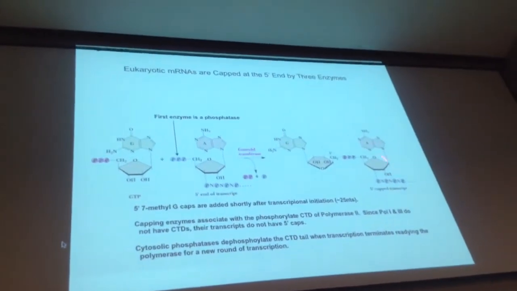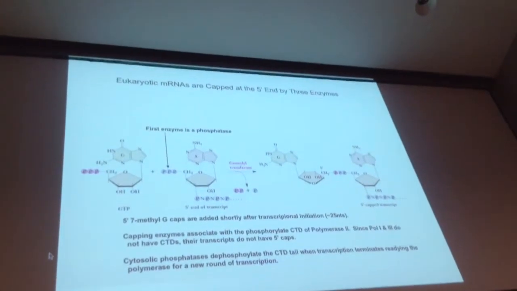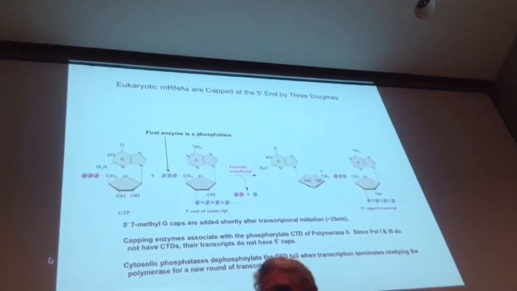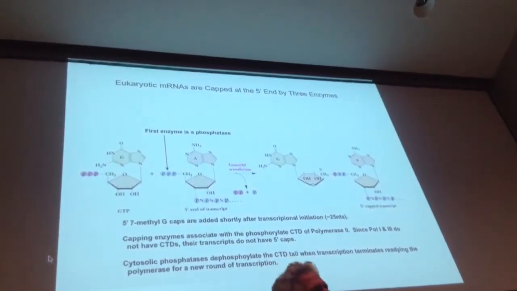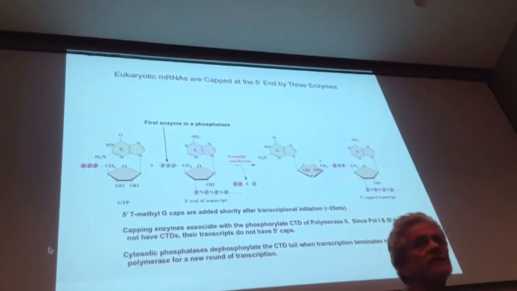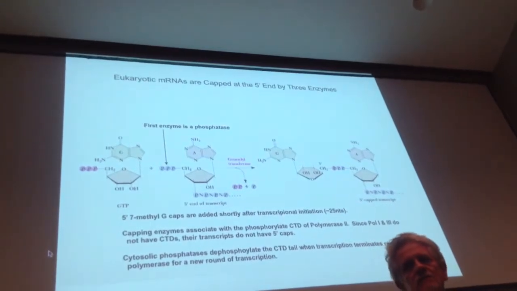These are linked by the triphosphate. There is no phosphate on the 5' end of a messenger RNA, so the exonuclease doesn't recognize it. Putting this cap on stabilizes the messenger RNA from degradation by exonucleases. Make sense?